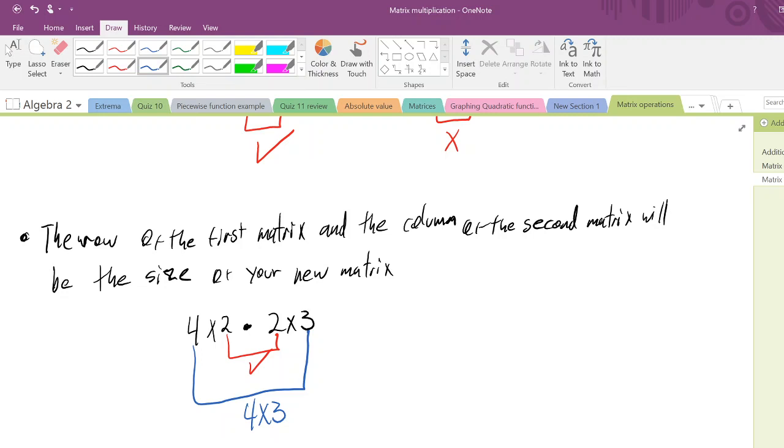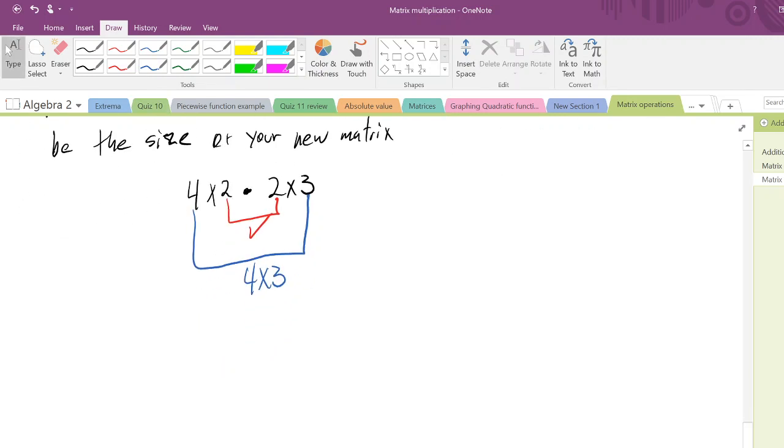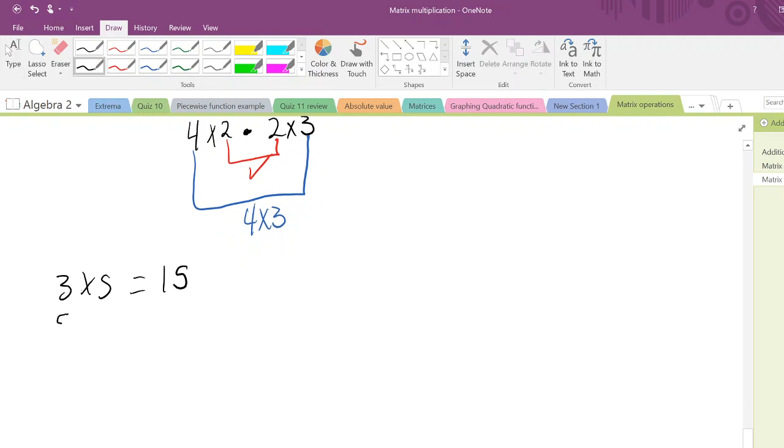All right. Now, before I start off with some examples, I need you to know something. Regularly when you multiply something, let's say 3 times 5, 3 times 5 is equal to 15, and 5 times 3 is equal to 15. These are commutative.